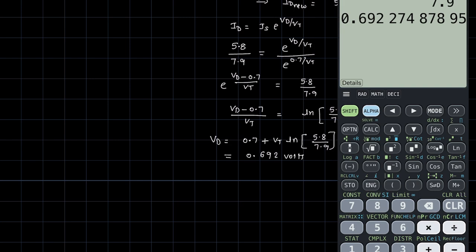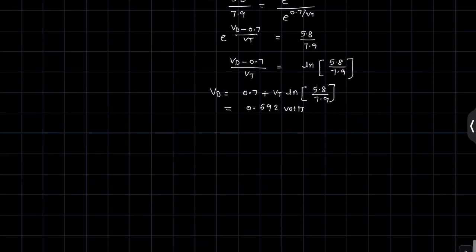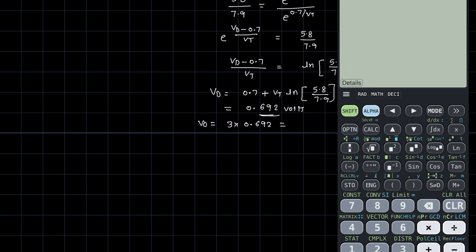Each diode has a drop of 0.692 volts. So V out is 3 times 0.692, which is 2.076 volts.